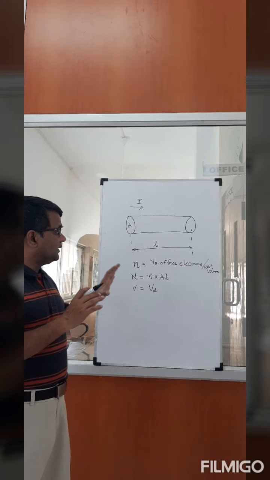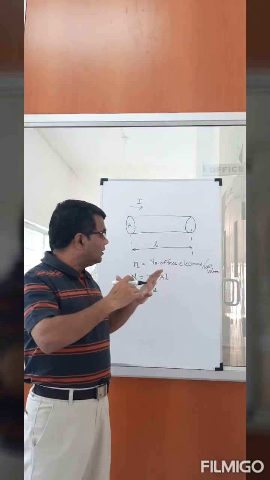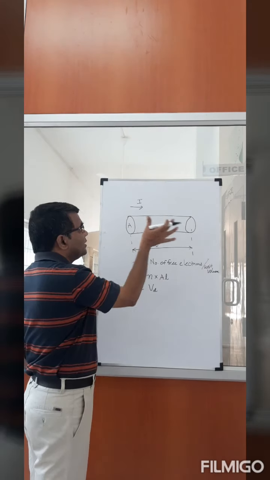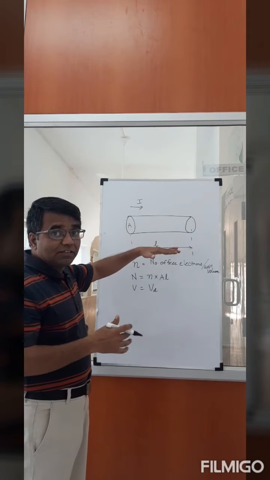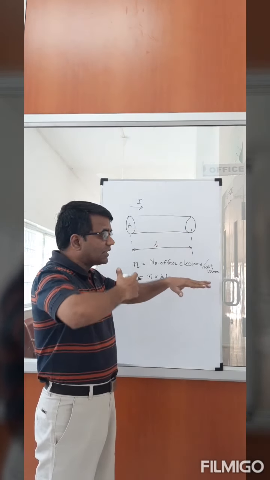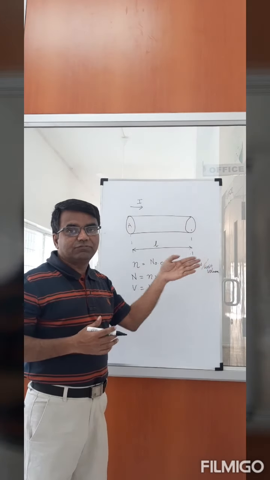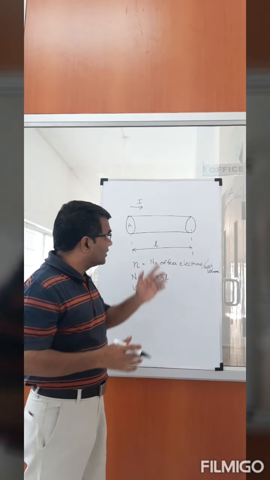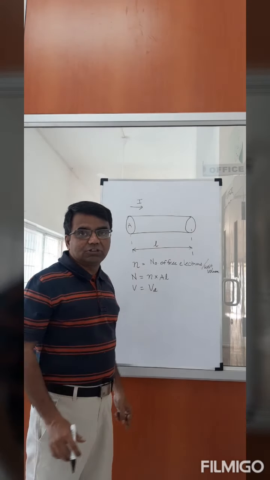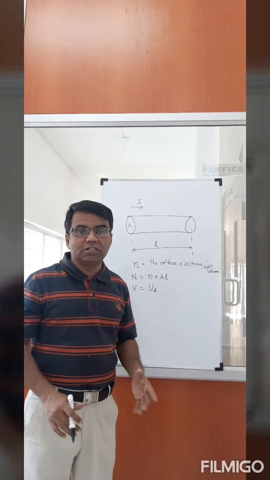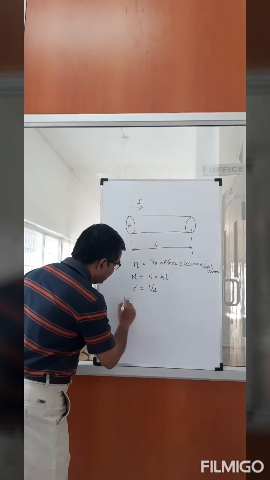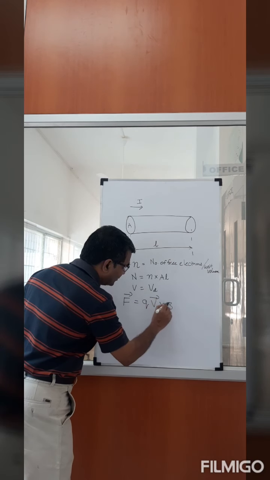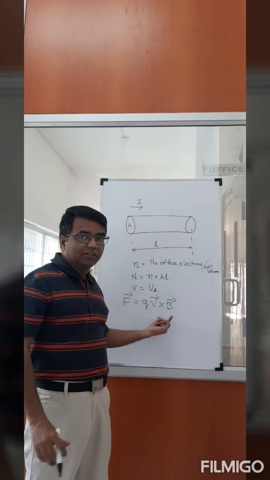So now, can I calculate the force acting on this conductor? Let B be the magnetic field. The magnetic field must be at an angle to the direction of the charges. Because if B is in the same direction as the velocity of the charges, no force will be experienced, because the force experienced is given by the equation Q V cross B. So you need to have an angle between them.